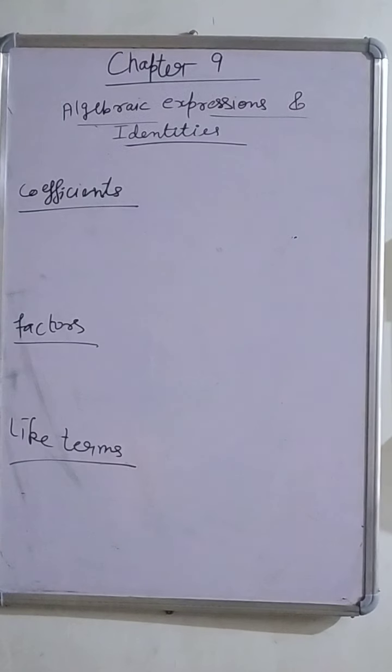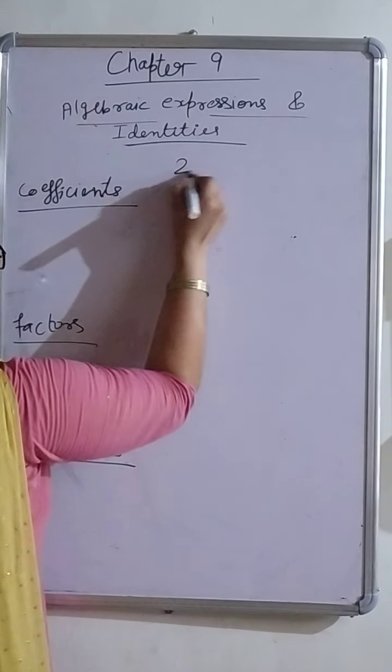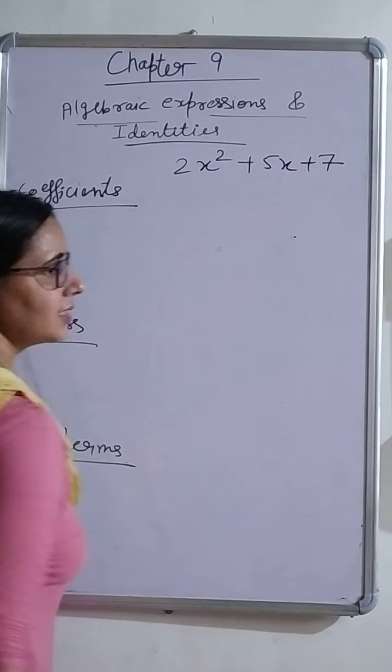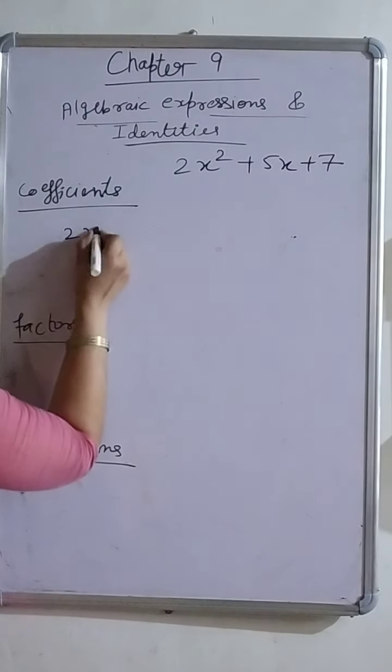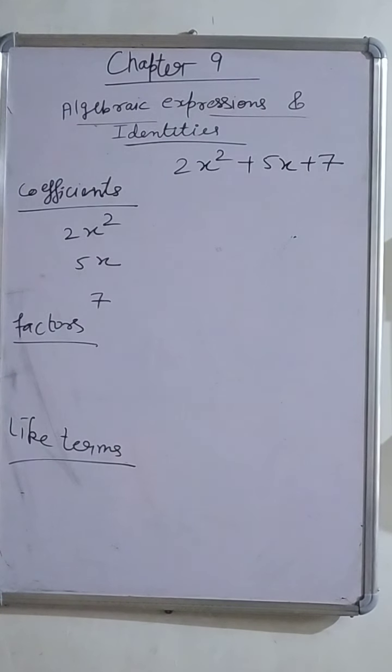Clear? Now the next term is coefficients. What are coefficients? Suppose we are given the algebraic expression 2x square plus 5x plus 7. There are 3 terms: 2x square, 5x and 7. Now coefficient is the numerical value multiplied with the variable.